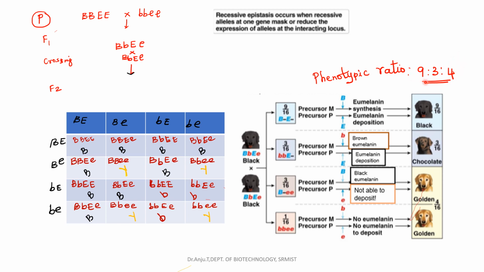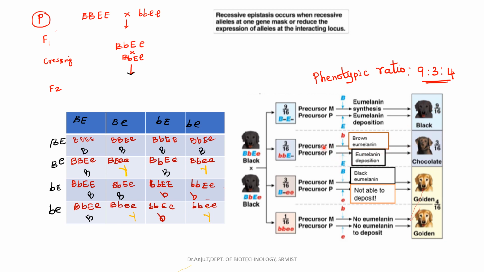So the phenotypic ratio will become 9 is to 3 is to 4. So why is this black color? Because you have the dominant allele B and the dominant allele E, the dominant alleles of both the genes are present. So black pigmentation will be produced and the deposition is also done. So the fur coat will be black.